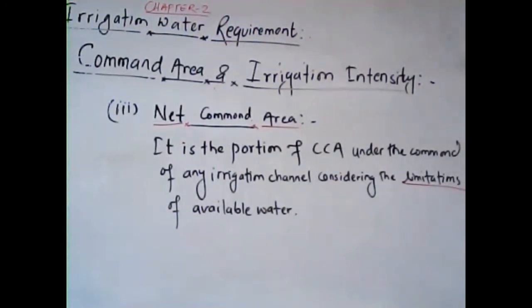It is the part of the CCA which is under the influence of the irrigation canal, but water is not available there all the time, and enough water cannot be present in such a canal. So irrigating such an area is the net command area.